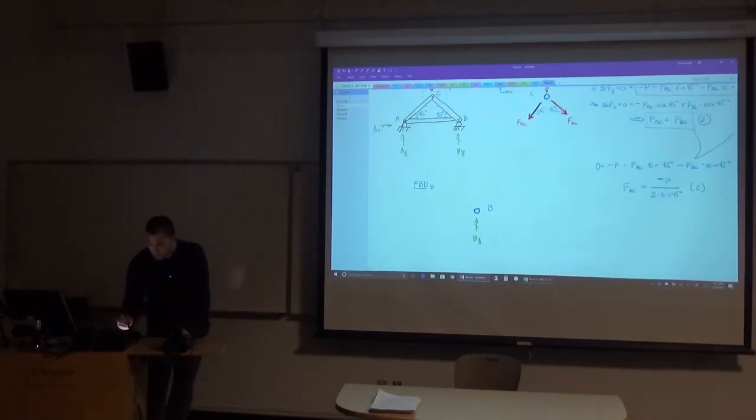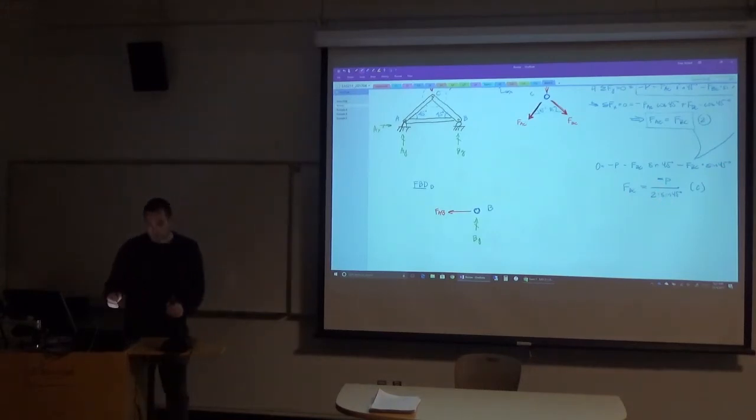And I don't know what the force in member AB is yet, so I'm going to guess the force in member AB is in tension. But the force in member CB, or BC, whichever one you want to call it, I know it's headed in the BC direction, and now I actually could have calculated it and known what the magnitude is.